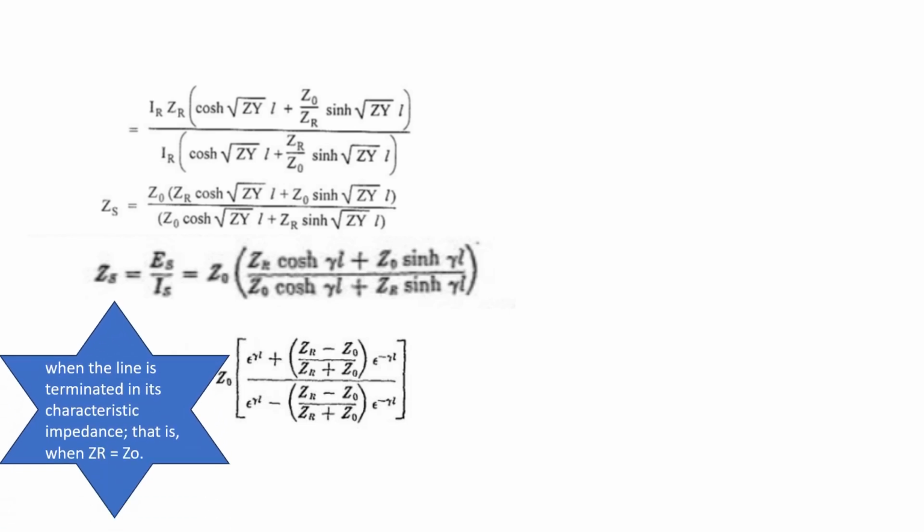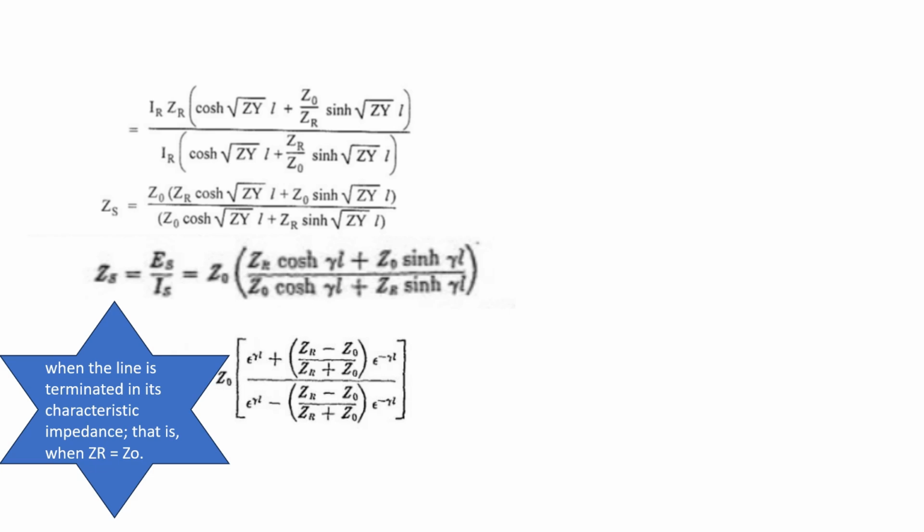Then the equation becomes Zs equal to Z0 into (Zr plus Z0) e power gamma L plus (Zr minus Z0) e power minus gamma L, divided by (Zr plus Z0) e power gamma L minus (Zr minus Z0) e power minus gamma L. This is the sending end impedance of your transmission line.